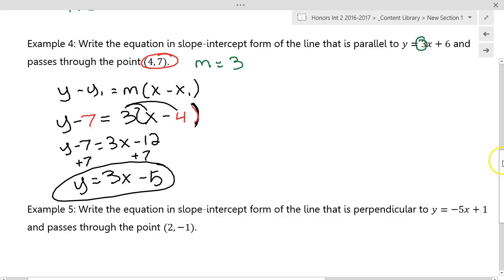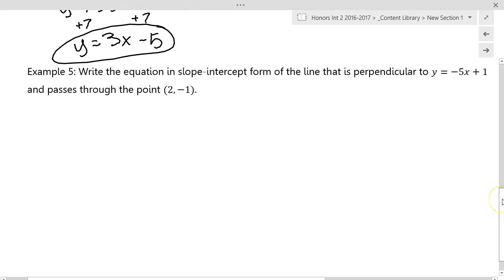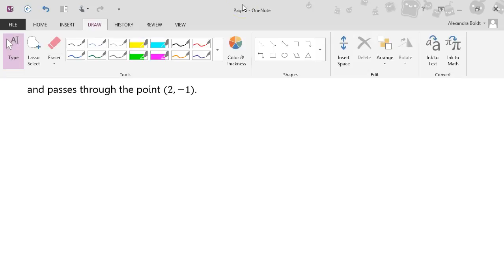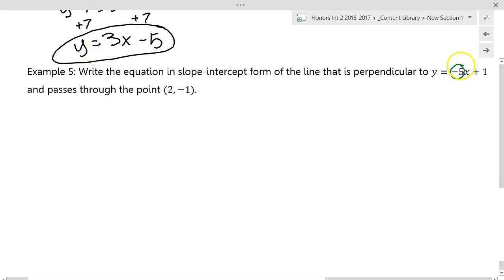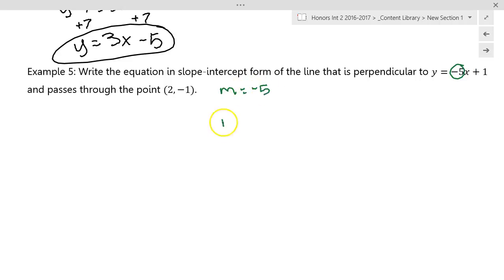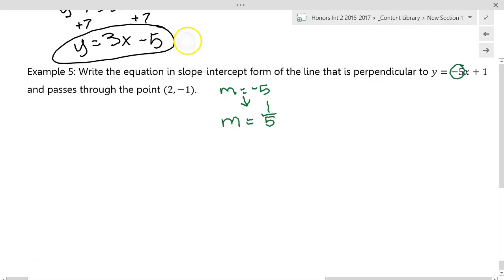Very quickly, our last problem, example 5. Same exact thing, except now it's asking for the line to be perpendicular to this slope, -5. So if my first slope is -5, for my perpendicular slope, change the sign, it's going to be positive, flip that fraction, it's going to be 1/5.